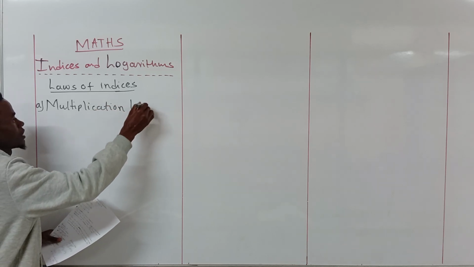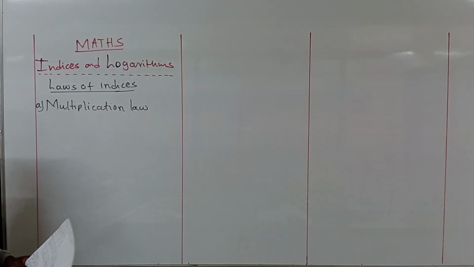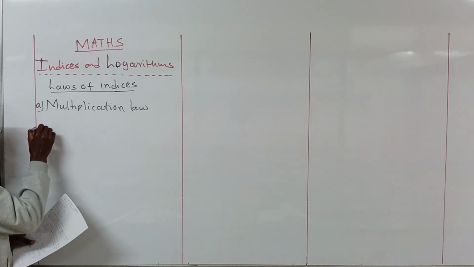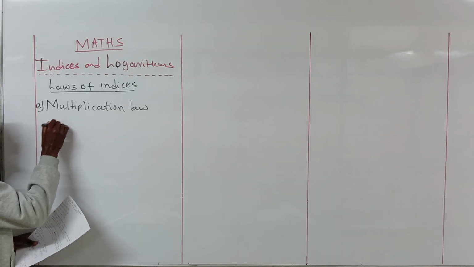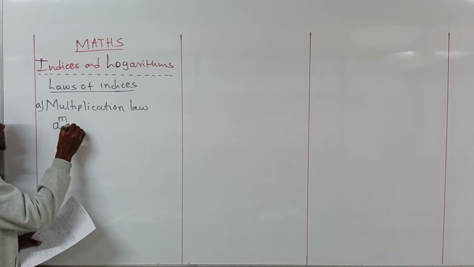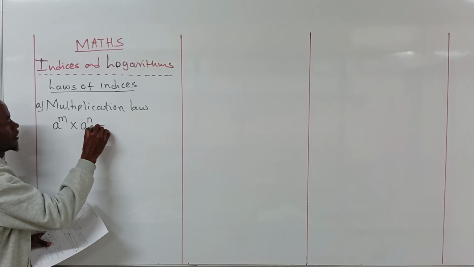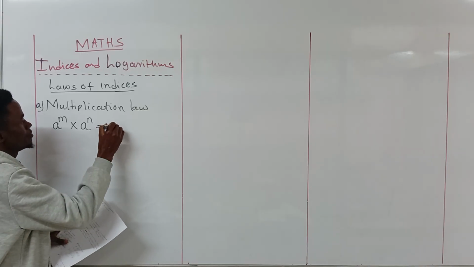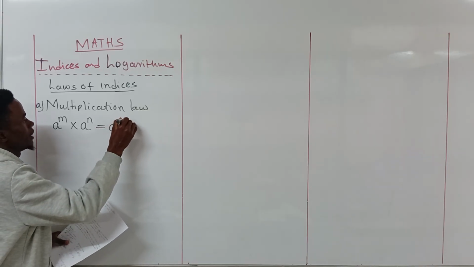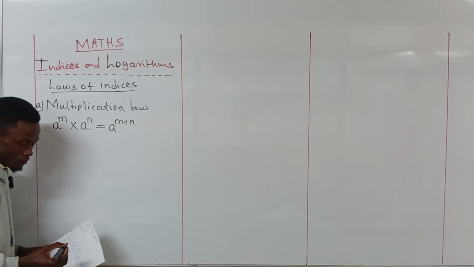In this multiplication law, there are a few things we are going to consider. The multiplication law states that when you have a number a raised to m multiplied by a number a raised to n, the answer is a raised to m plus n.